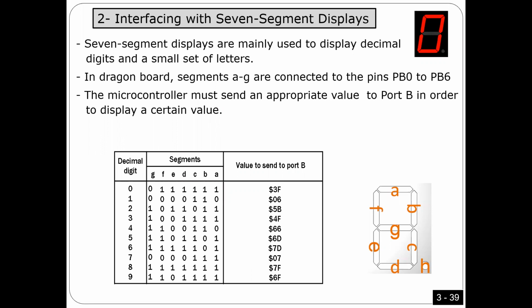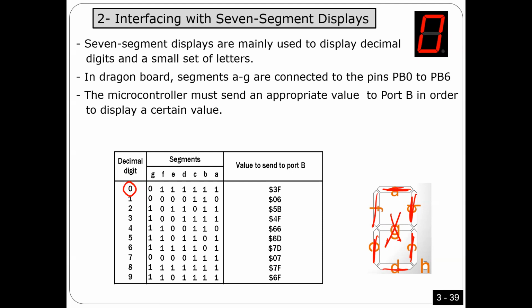Every segment is 1 LED, and every segment should have 1 pin. If you put 5 volt or logic 1 on this pin, you turn this segment on. That is why if I want to display number 0, all of them should be on, except G has to be off.